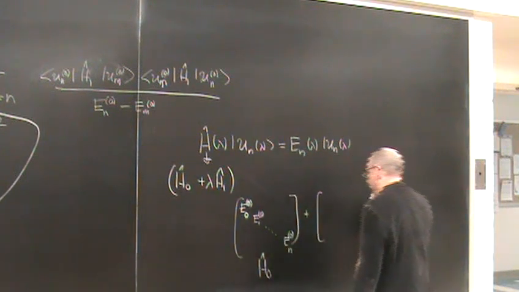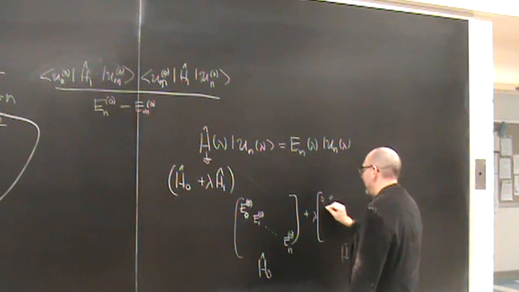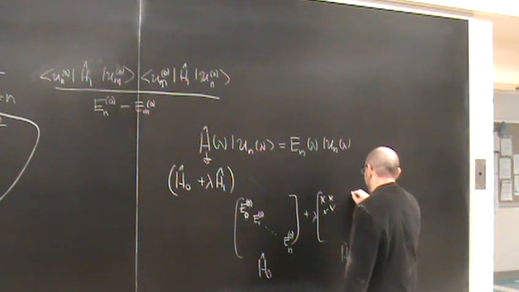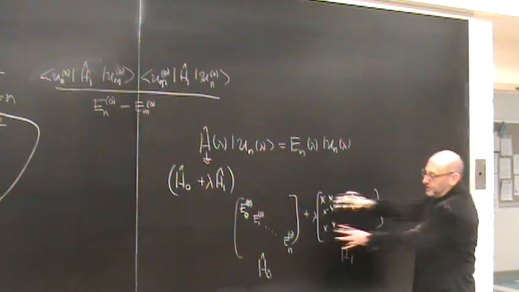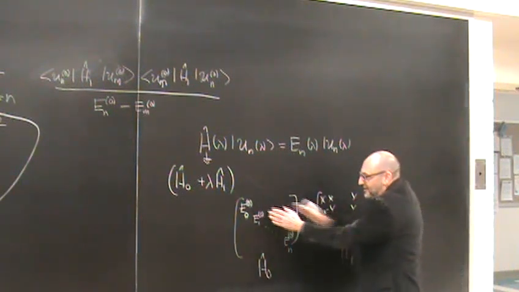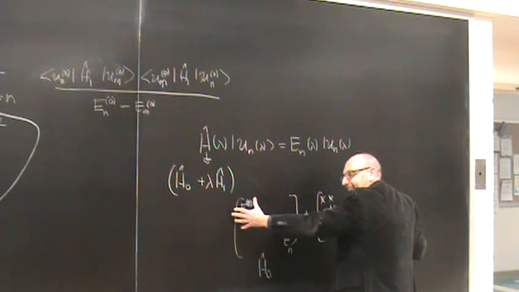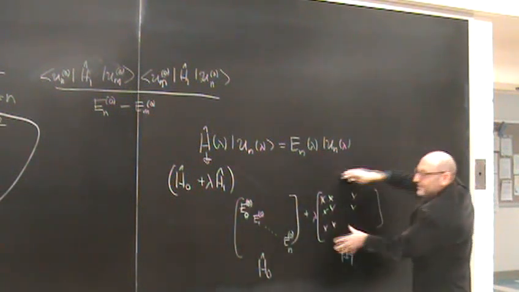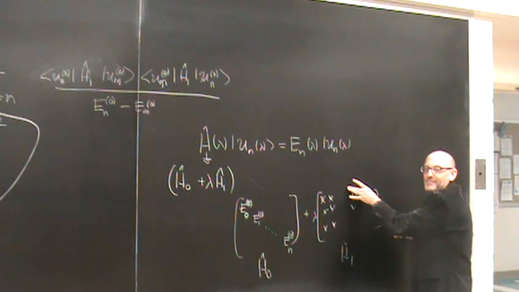And this procedure tells you, you have some H0 in the basis of U0, which has only diagonal terms. And then you have some matrix H1, which has some matrix elements somewhere. And we're showing how the eigenvalues of this total matrix change in terms of matrix elements of this perturbing matrix.